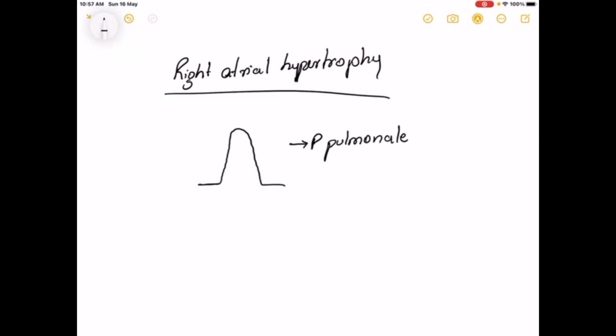Subjectively, this P pulmonale is identified by measuring the length of the P wave, that is more than 2.5 small squares.